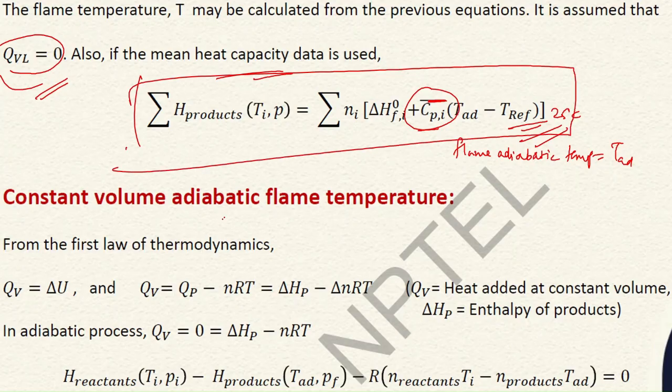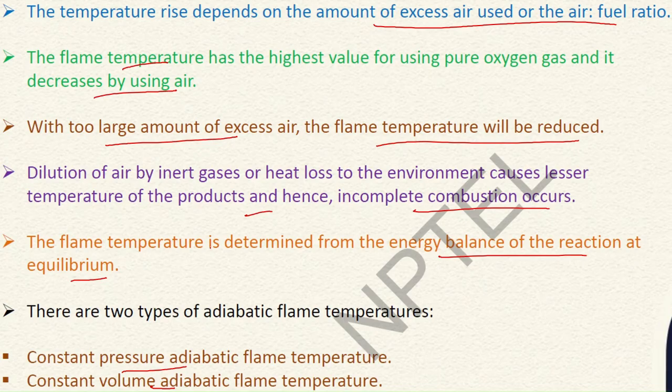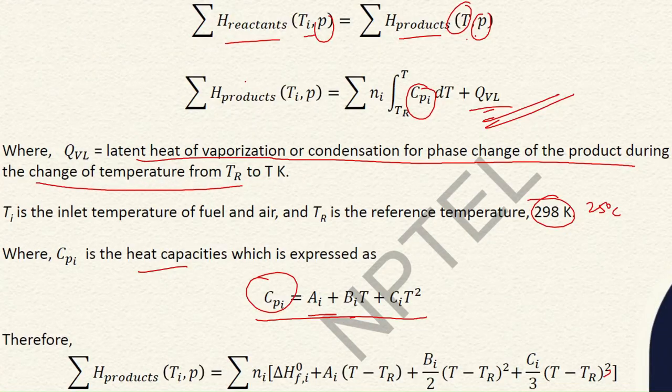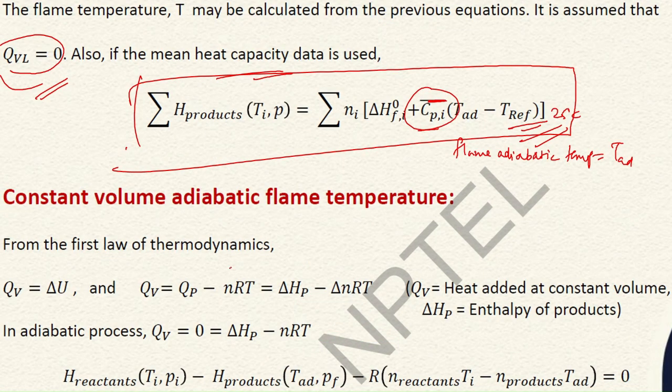Now coming to the constant volume adiabatic flame temperature. From the first law of thermodynamics, QV is delta U, the change in internal energy. QV equals QP minus nRT. From the equation here itself, QP minus WP, which is P delta V, and P delta V is also taken as nRT.